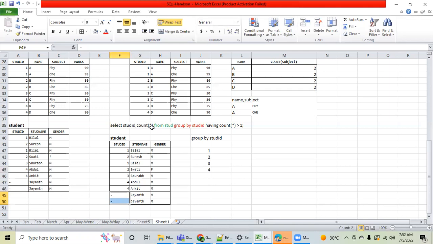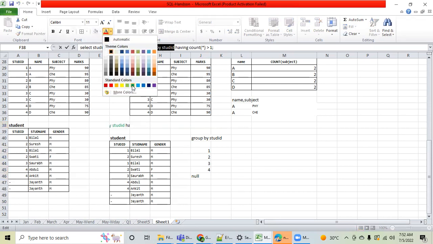COUNT of star means it will consider everything, null and all those things. You know this, right? So that's why we will create a bucket for null as well here. So this grouping is done. Is this clear? Any questions so far? Nothing new I have taught so far. Grouping is creating buckets. So this task is done.